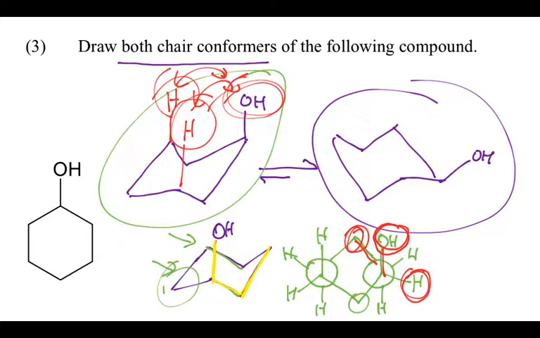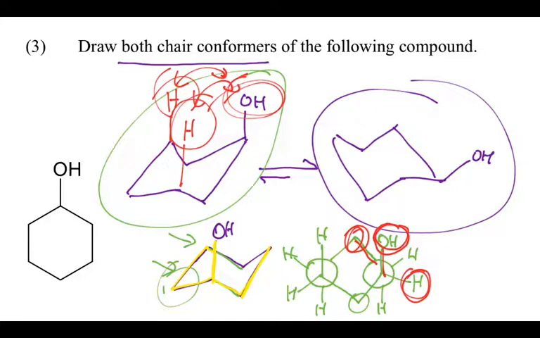This is one of the gauche interactions. The other one is going in the other direction. So if you look along this bond, that's where you find the other one. So if you build the model, you will see them. Okay? Keep practicing. It's very hard to see them.